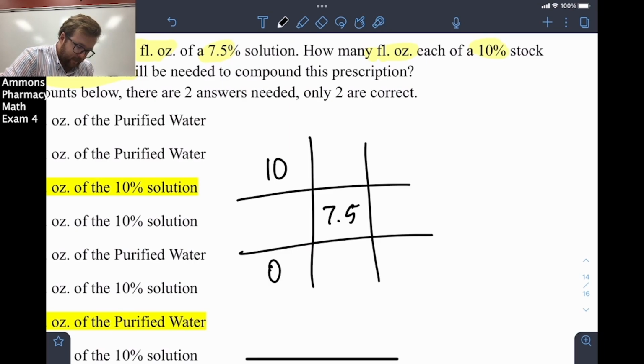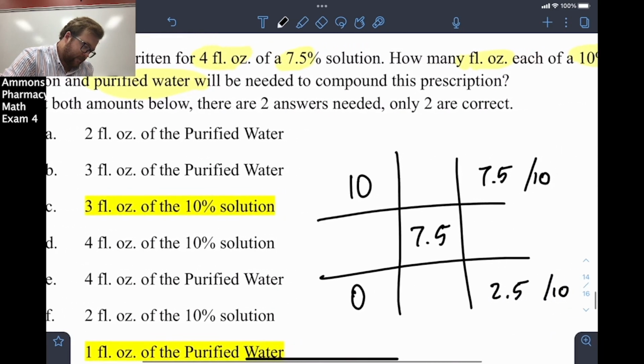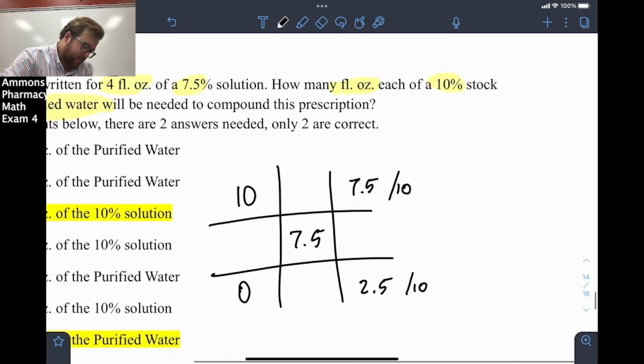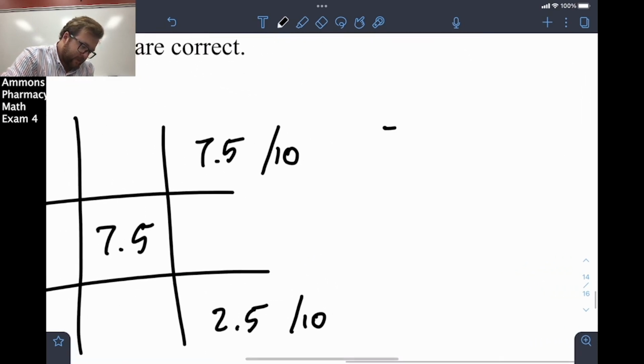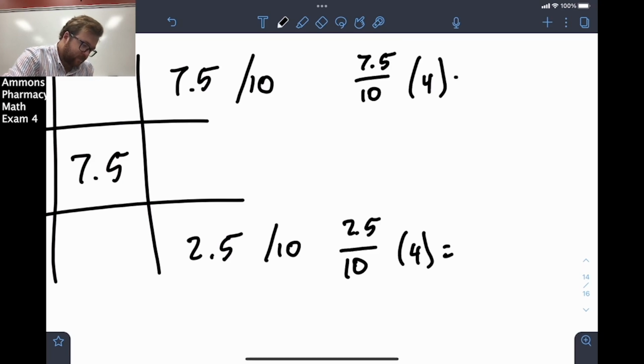So this is 2.5. And this is 7.5. This is 10. This is 10. Okay, we need 4 ounces, right? So 7.5 over 10 times 4. 2.5 over 10 times 4 as well.